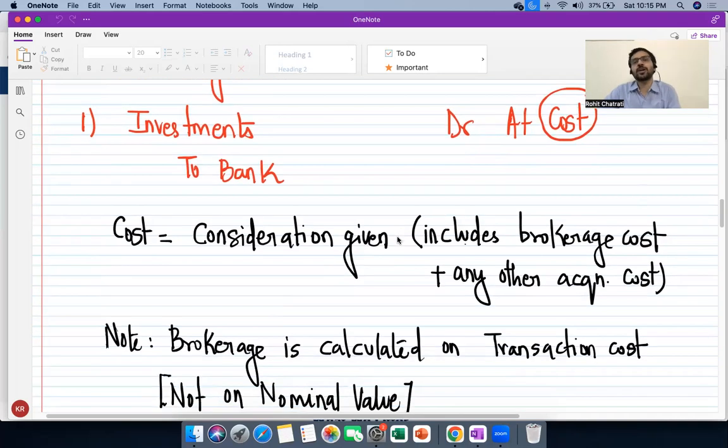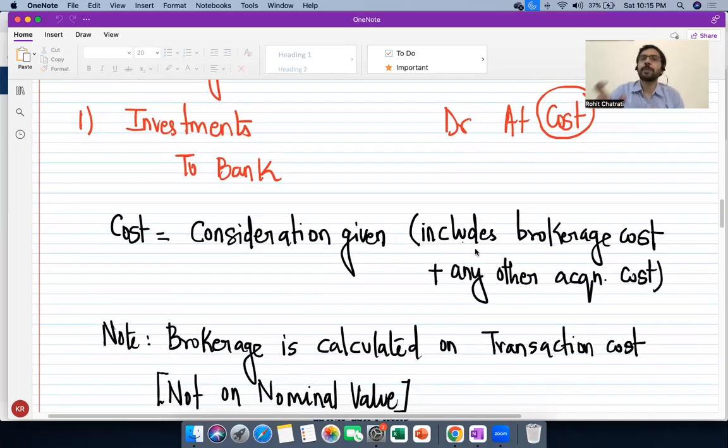Now, just as a point to remember, if they're mentioning brokerage as a percentage, let us say 2%, 3%, 1%, that percentage is supposed to be applied to the transaction cost. The brokerage is not supposed to be applied to the nominal value or the face value.